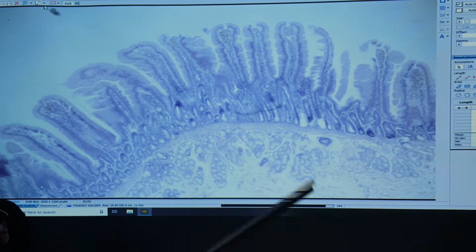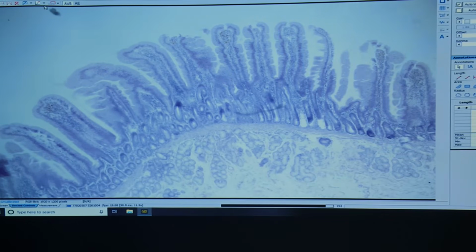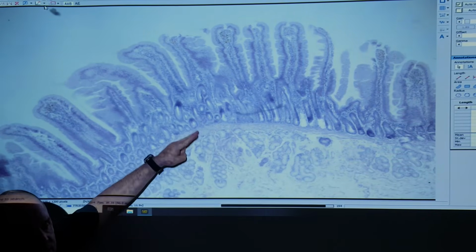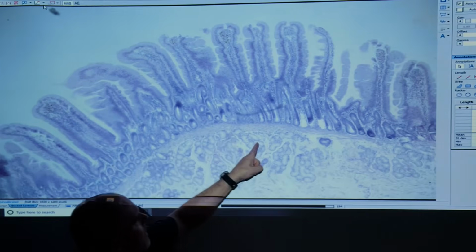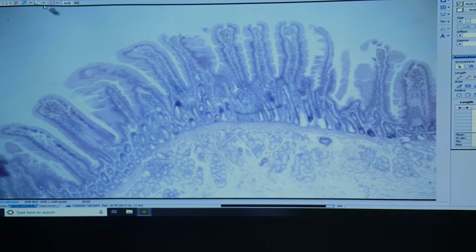Name the organ, small intestine. Name these structures, villi. Name these structures, intestinal glands. And name these structures down here, again, notice in the submucosa, duodenal glands, the small intestine.